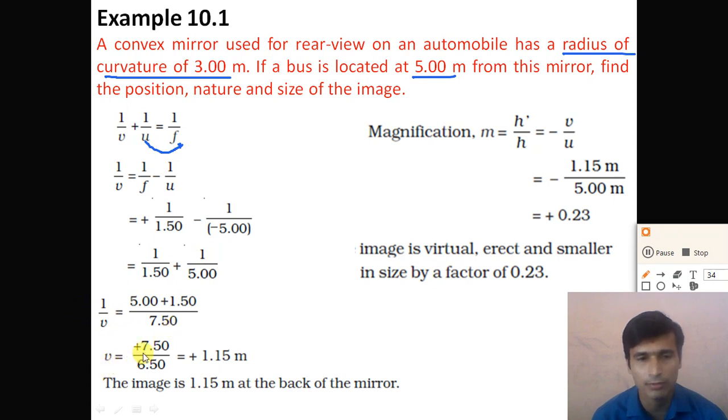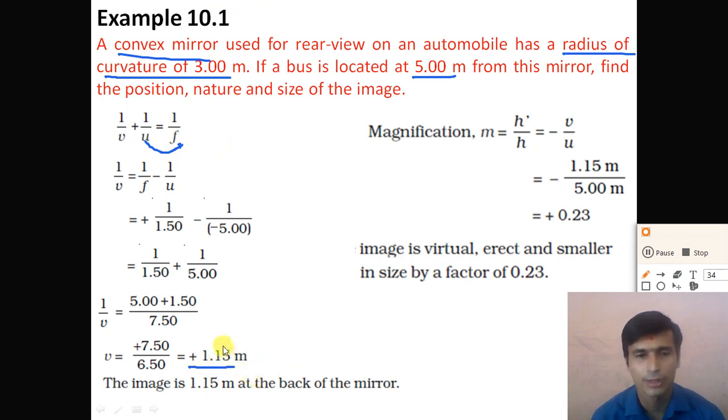So v is equal to 7.50 divided by 6.50. If we divide this, we get the answer: image distance v is equal to plus 1.15 meter. So dear student, for a convex mirror, the image distance is positive. So the image is formed behind the mirror, at the back of the mirror, at a distance of plus 1.15 meter.